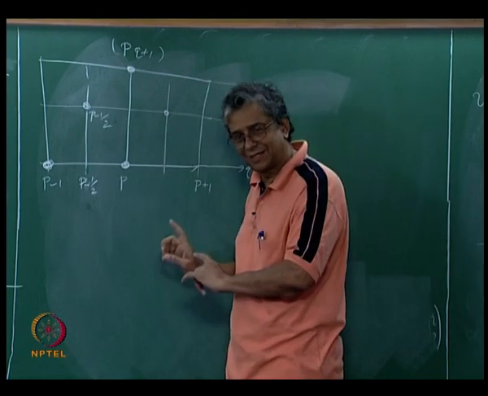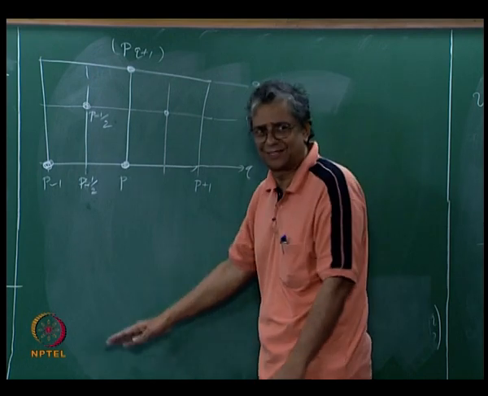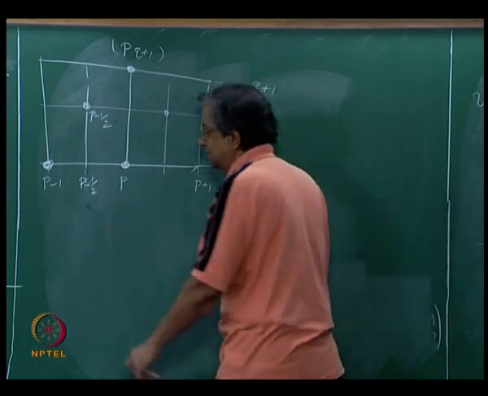The process I just described is not the two-step Lax-Wendroff process, it is a two-step process. So let me write that over first and then I will tell you what the improvement is.